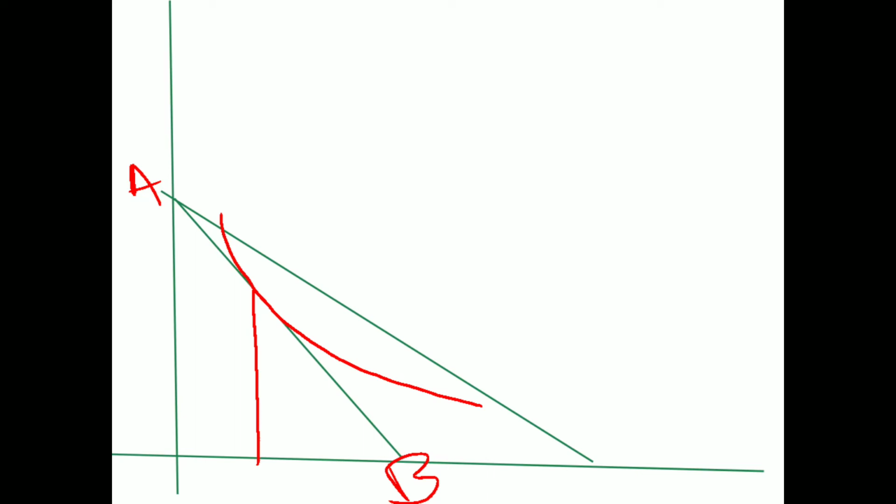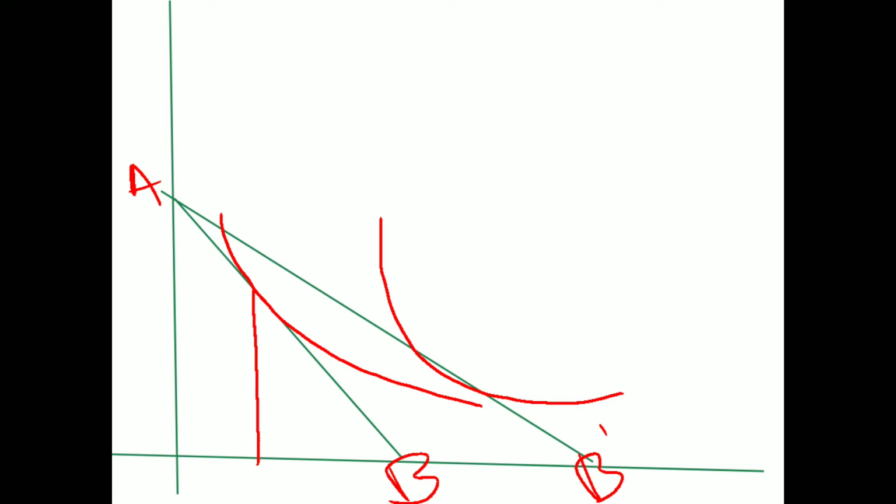Due to change in the budget line, we also have a new equilibrium at point E dash. It is the point E, and it is the point E dash. Here we can see the budget line is AB dash due to change in the price of commodity X. Due to change in the price, consumer prefers to buy more of commodity X rather than to buy more of commodity Y.